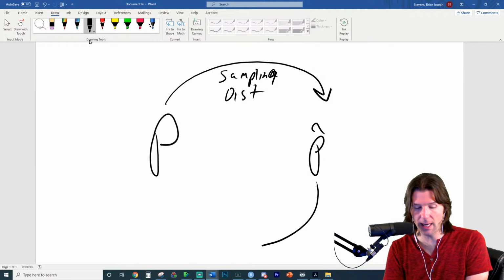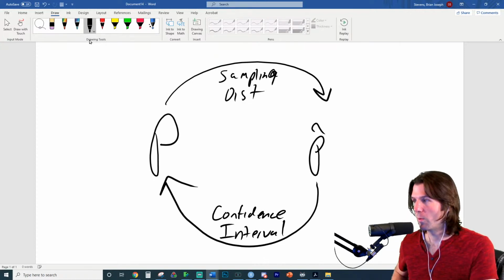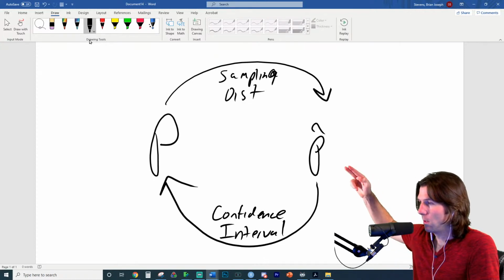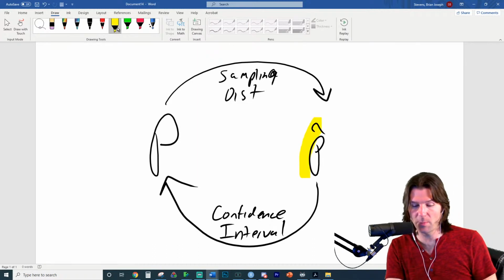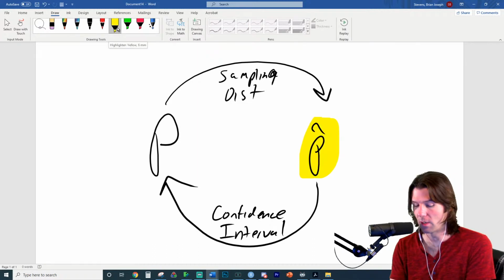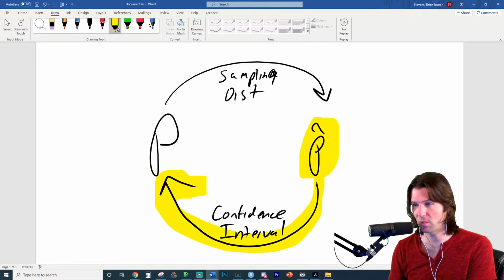If you have p hat, you can use it to estimate p, and this is the confidence interval. If you have a sample, you can use it to estimate the truth. Before the election, we use the sample results to estimate the truth. Does that make sense?